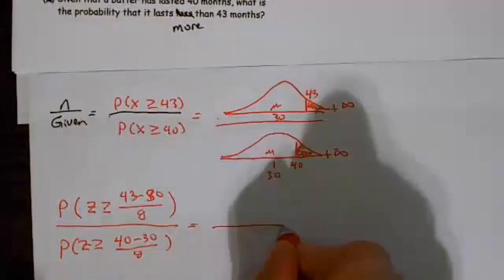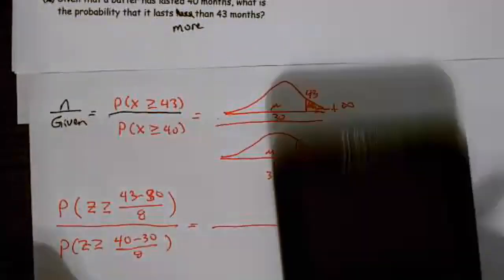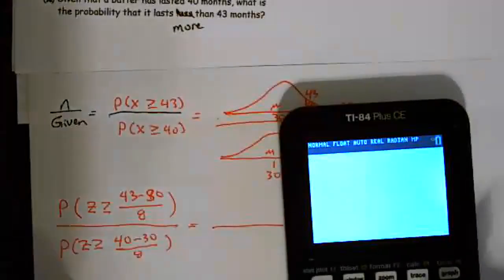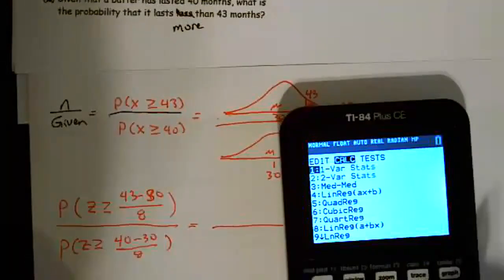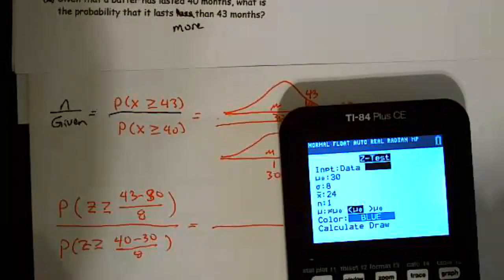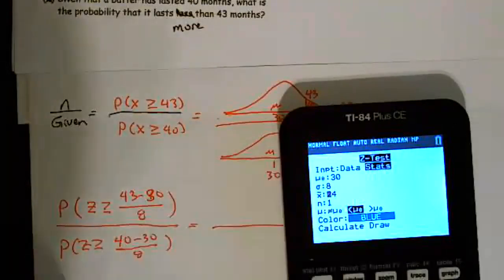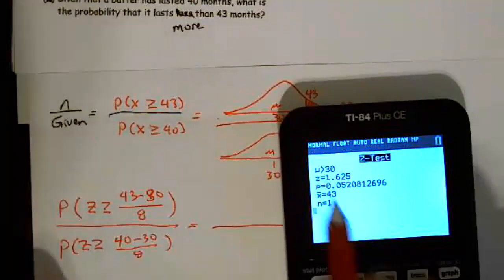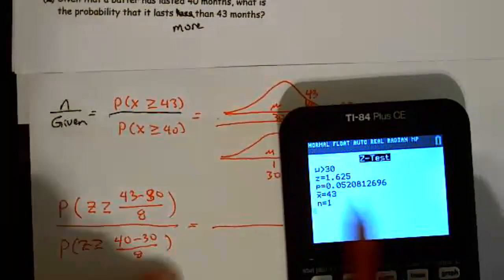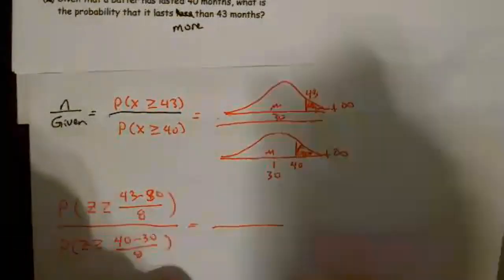So I'm going to need a couple z-scores. Stat test, z-test. I'm going to do the numerator first, 43. So the probability that z is greater than 1.65.